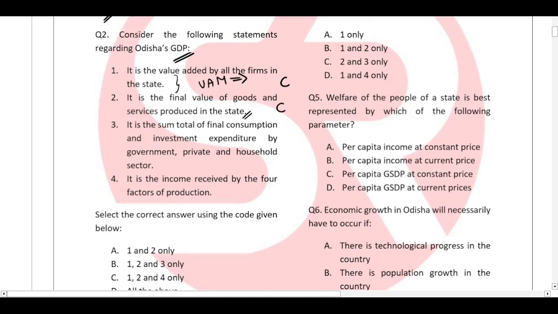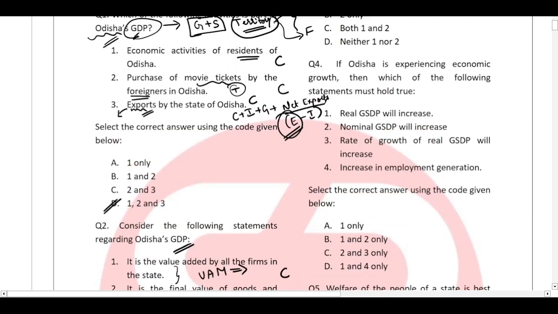It is the sum total of all the final consumption and investment expenditure by the government, private and household sector. So this is trying to talk about the expenditure method of GDP calculation. But if you look at it closely, earlier we discussed that in the expenditure method, the GDP is calculated by saying C plus I plus G plus NX, that is consumption, investment, government expenditure and net exports, that is export minus import.